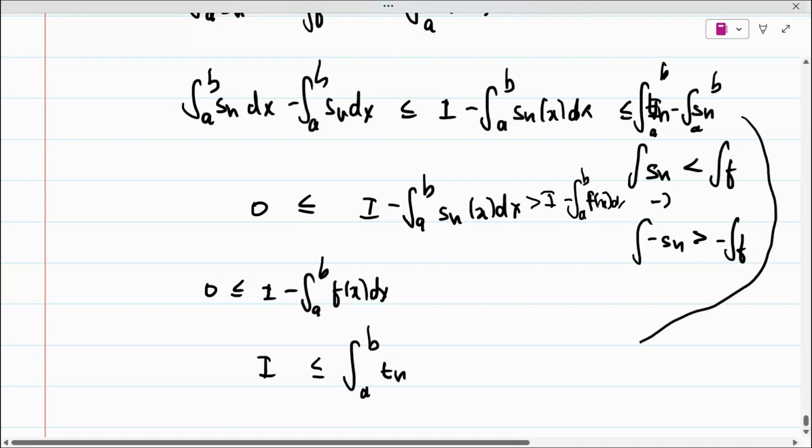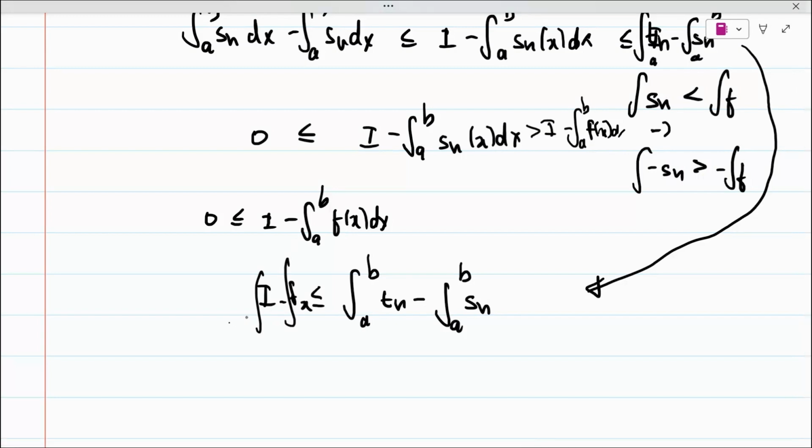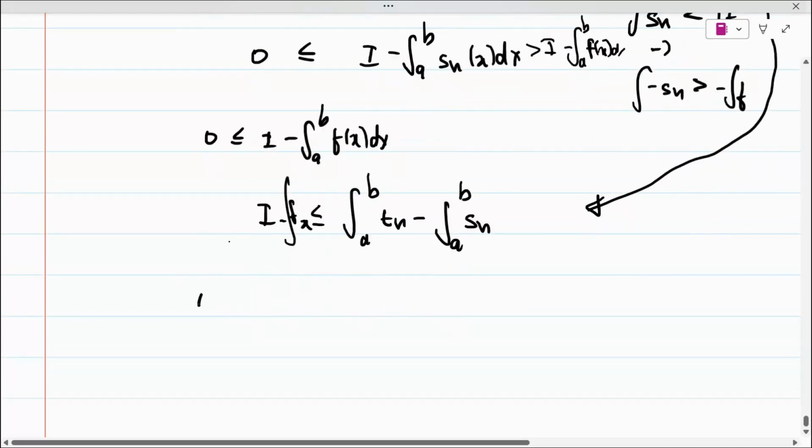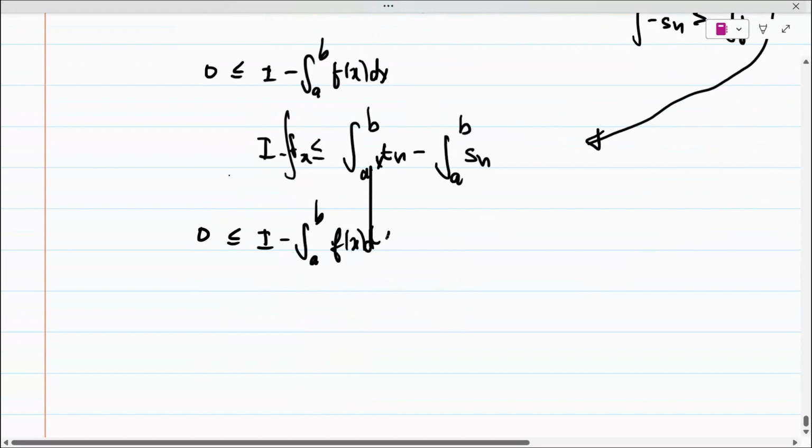If you plug it in here, we have 0. And here, that's 0 over the dx is equal to, we know this value is equal to c by n, where c is equal to b minus a. So then we just say this.